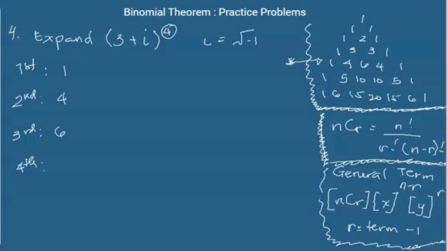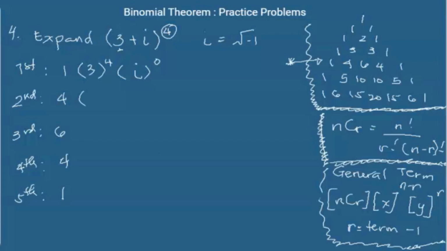Fourth term is 4. And fifth term is 1. We just want to write it this way so it's clearer and more organized.